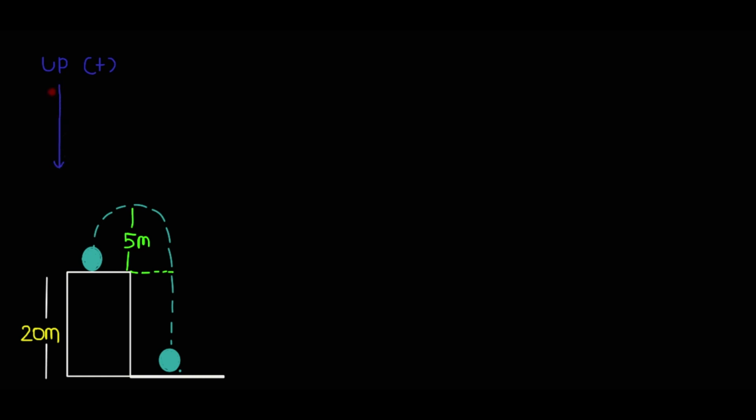If we choose upward as positive, this means our acceleration will be negative, because downwards is negative and acceleration is always downwards. And we know we have negative acceleration, so we have this shape when we draw our position time graph.